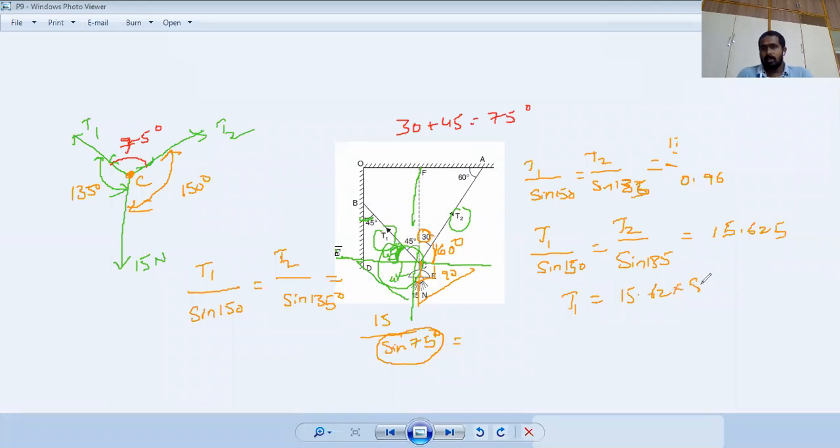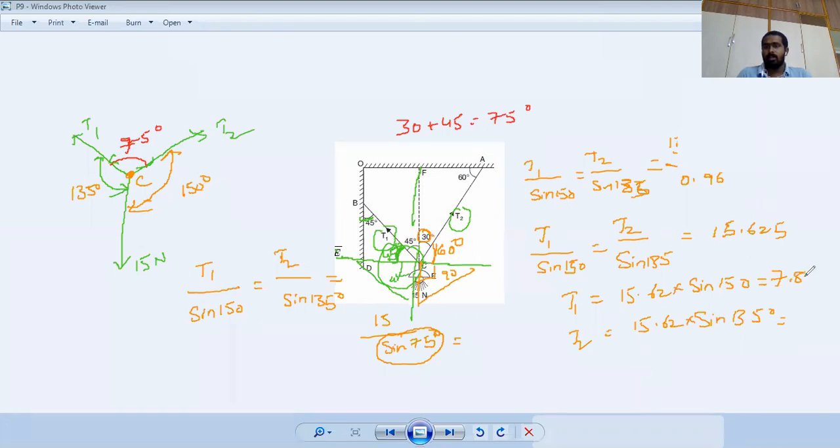T1 is equal to 15.62 into sin 150. T2 is equal to 15.62 into sin 135. So what is the value of T1 and T2? T1 is 7.81.